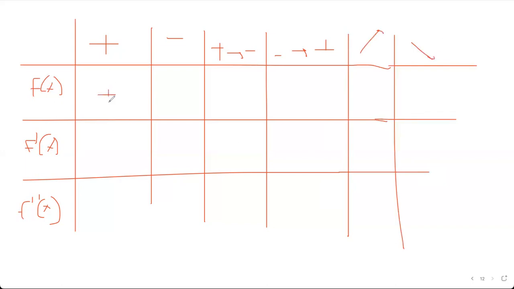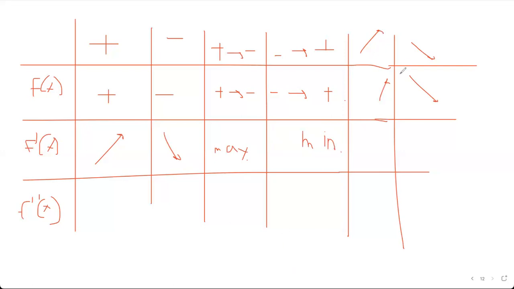In general, when f prime of x is positive, f of x is increasing. When it's negative, decreasing. When it's changing from positive to negative, it's going from increasing to decreasing, so it's a maximum. And then minimum here, because it's going from decreasing to increasing.